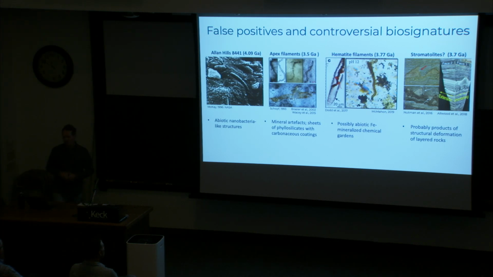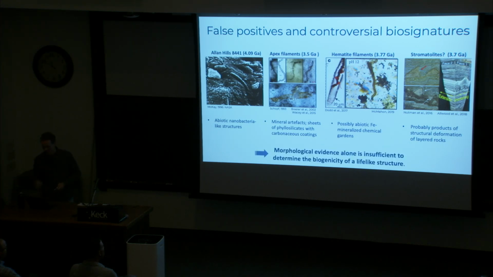And as we have seen before, these structures might just form through structural deformation. So here you see one of these domes in cross-section, but at the side, everything is flat and stretched out. So once again, the take-home message here is that morphology or morphological evidence alone is insufficient to determine if a structure is biogenic in origin.